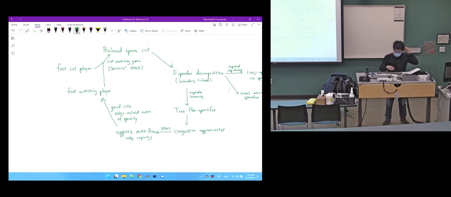But okay, this is like a chicken and egg now. But we actually saw that we can implement cut matching game fast in a different way. Like do it from scratch using push relabel.